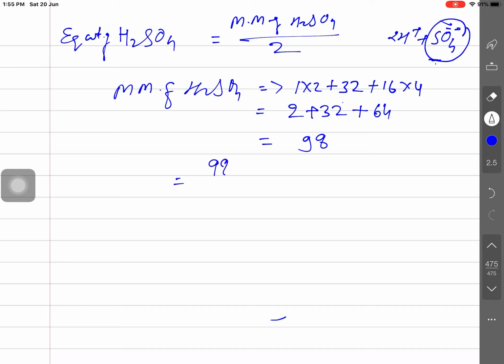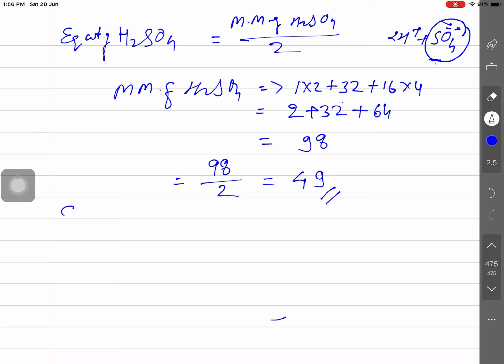Putting the value, 98 divided by 2 is 49. 49 is the equivalent weight of H2SO4.